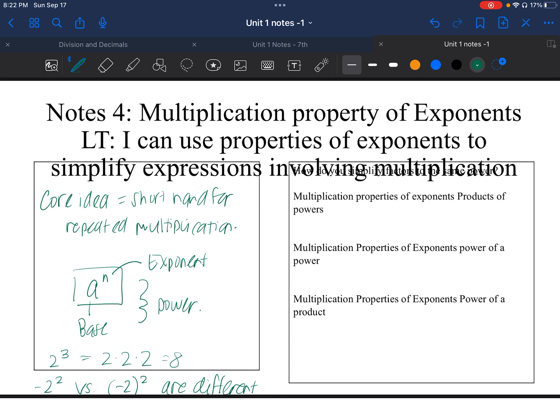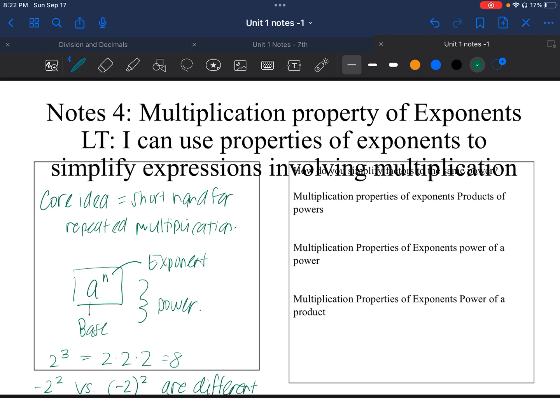In the first example, when the negative is outside, it's not connected to that 2, so we do not actually multiply the negative twice, while when the negative is inside the parentheses and the exponent is on the outside of the parentheses, it's indicating that we are multiplying that negative 2 times.